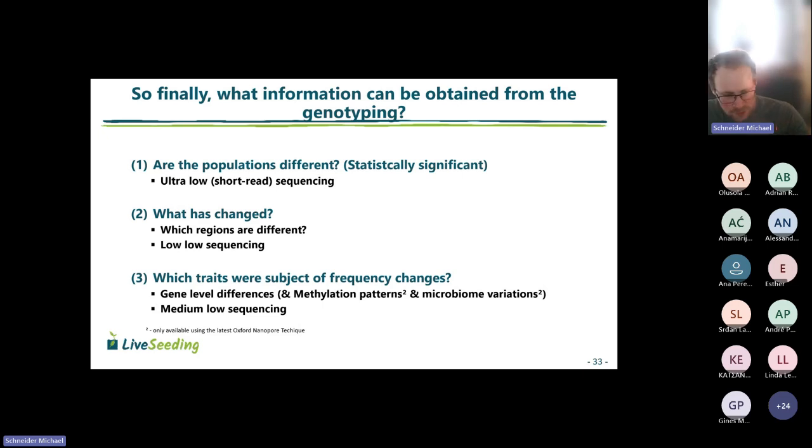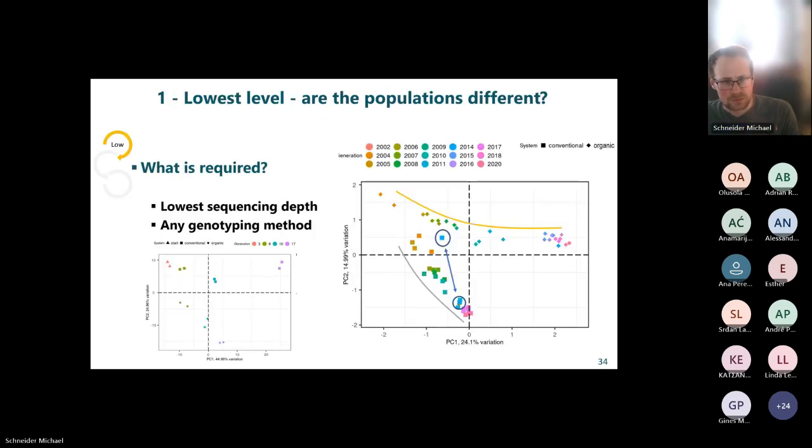So with this, I want to give some examples. The lowest level: are the populations different? You can see this on such a principal component analysis plot, where we, for example, have a population coming from a breeder and then sent out to 2 different farms. Over time we can see that these 2 farms evolved quite differently and have adapted to their local environment.